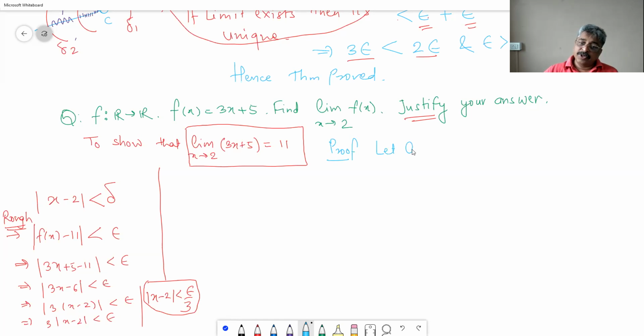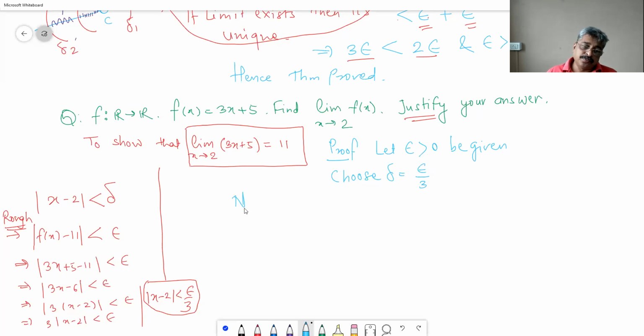Let the first statement of any proof in calculus be: let epsilon greater than 0 be given. Choose delta is equal to epsilon by 3. By these calculations we know that we choose delta equal to epsilon by 3.